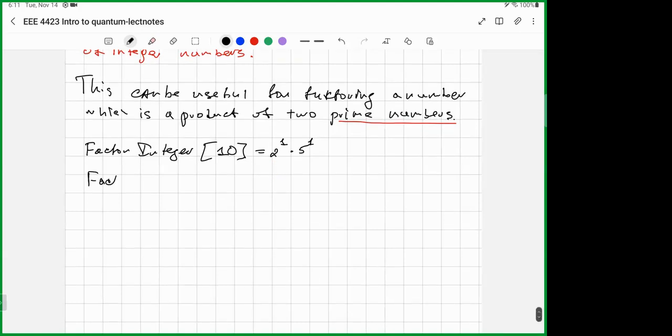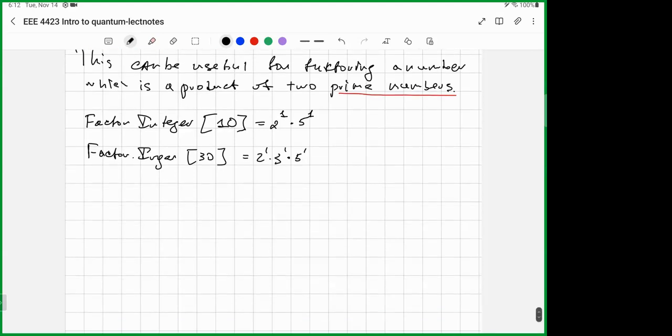Likewise, for factoring, for example, 30, it will give me 2 to the first times 3 to the first times 5 to the first. 2 times 3 is 6, 6 times 5 is 30.